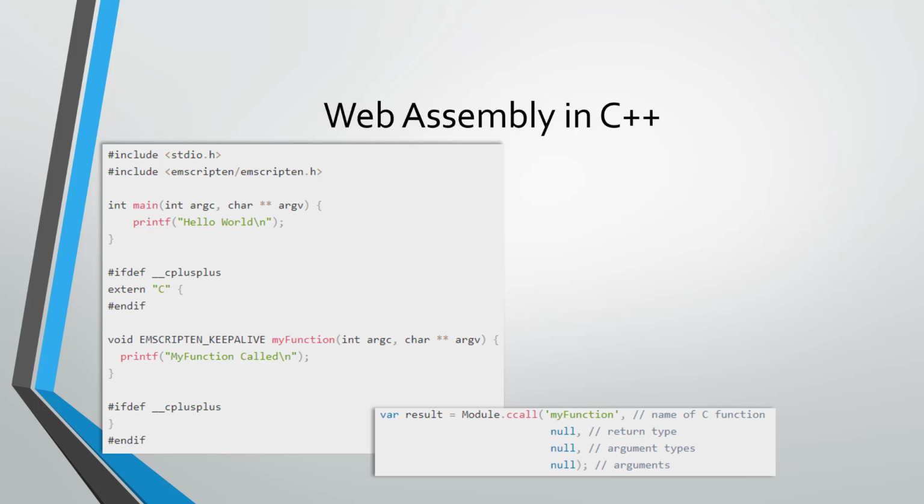And if you wanted to call that module from JavaScript, all you need to do is a module.ccall. My function is the name of the function we want to call. It's right here. And we can have return types, arguments, types and arguments all baked in here. We're not passing anything to it, so it just gets called.